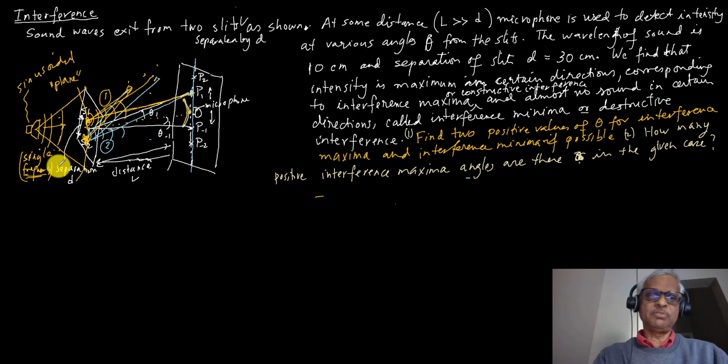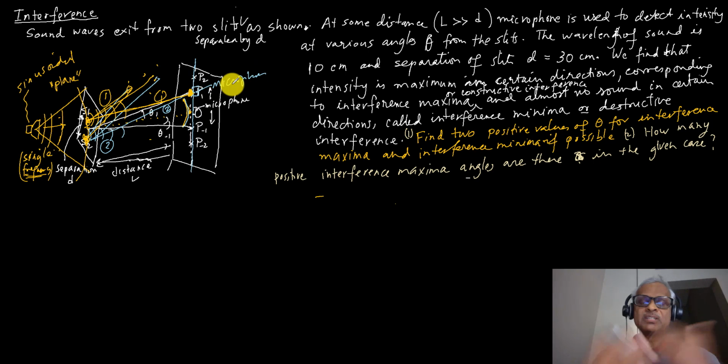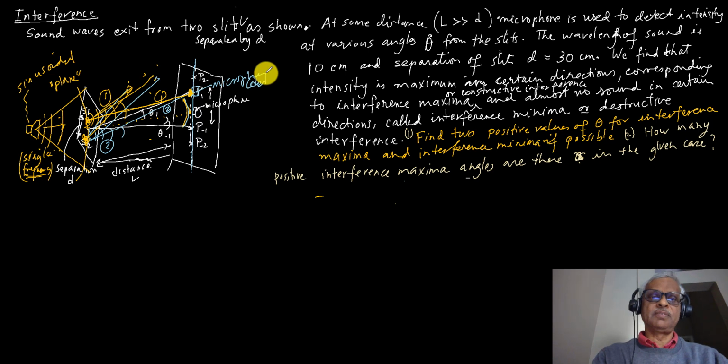They have a single frequency, sinusoidal, they're coherent, and they meet over here, these two, 1 and 2. I put a microphone here and ask what signal I get, meaning I'm going to detect intensity. The property I'm going to detect is the intensity of the wave.